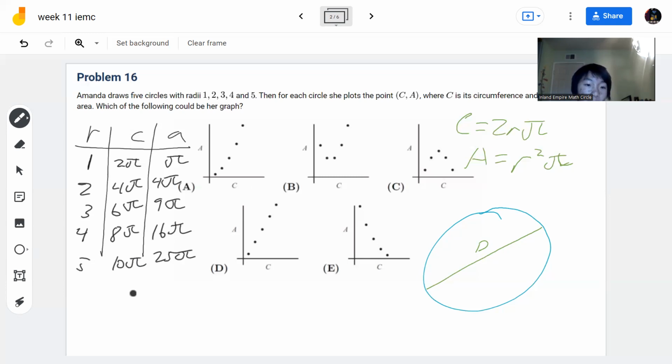All right, so with the values we've gotten, which graph do you think matches up the closest? Remember, they're all being multiplied by pi, so you can just look at the numbers to get the relationship. You don't need exact values for this. Which graph do you think will match the closest for plotting these points?